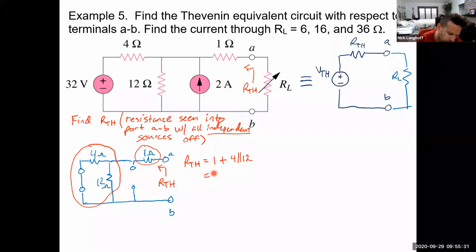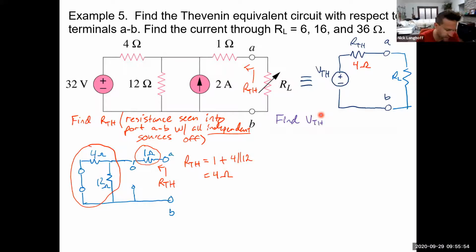So this is 4 ohms right here. Okay, so we've just found one part of the Thevenized circuit, R Thevenin, and that is equal to 4 ohms. So we're done with that portion there. All right, now we need to find V Thevenin, which we'll do in purple here.